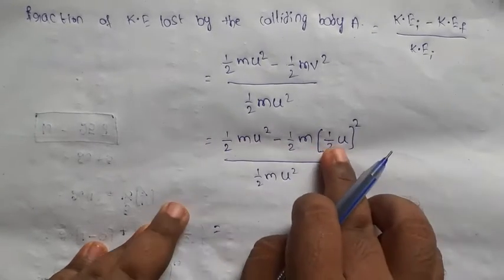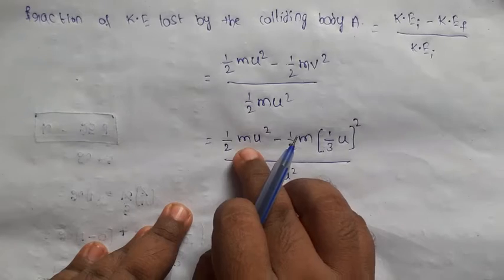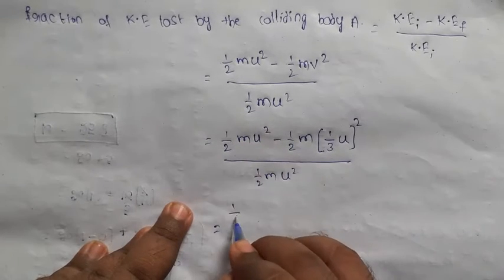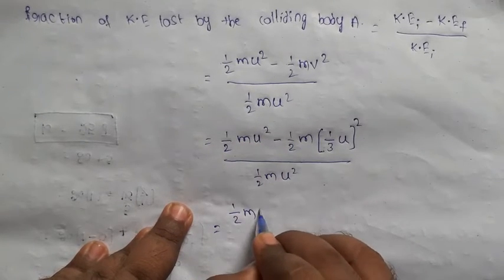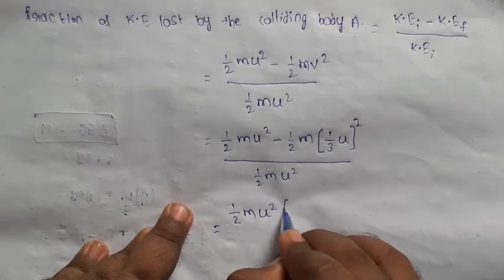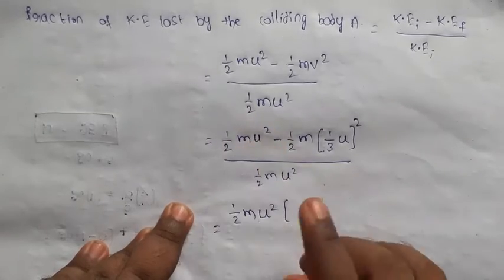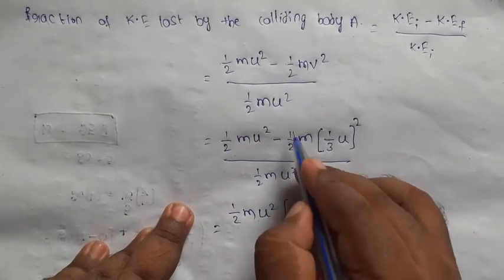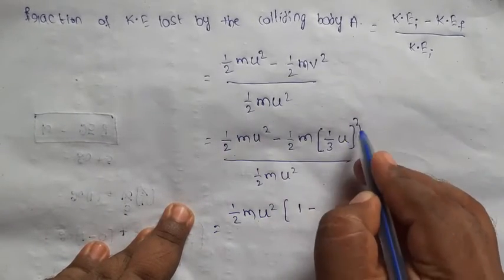On the numerator I am taking 1/2 m u squared common. So 1/2 m u squared is the common term on the numerator, leaving 1 minus (1/3) whole squared, which is 1/9, over 1/2 m u squared in the denominator. The 1/2 m u squared terms cancel.